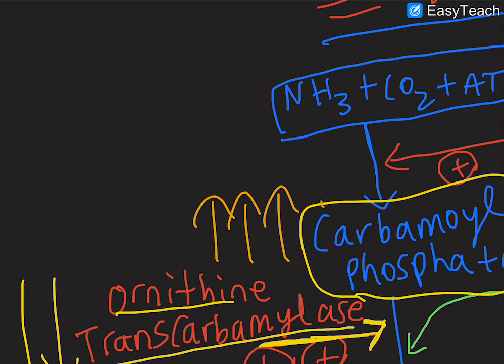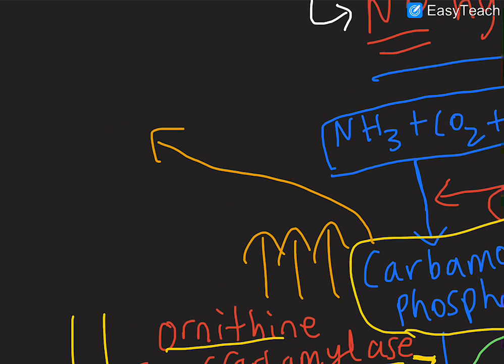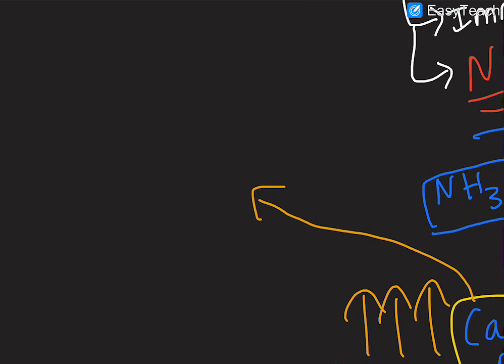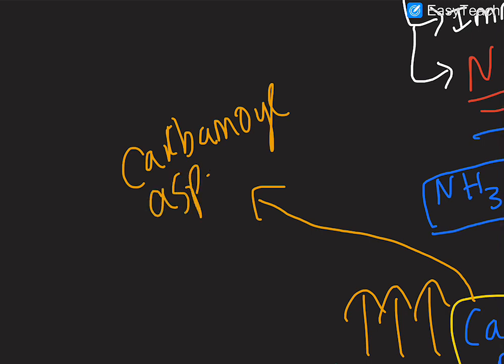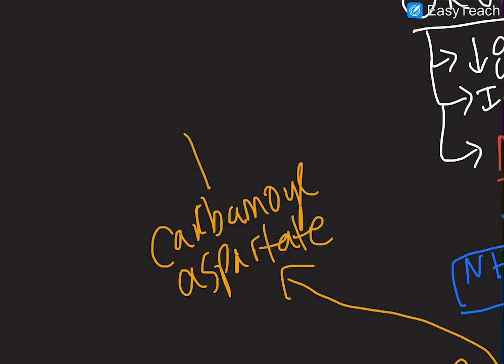So carbamoyl phosphate will start getting converted to carbamoyl aspartate, which we've already been through, but let's write it down really quick. Then this can get converted to dihydroorotate, and then from dihydroorotate into orotate.